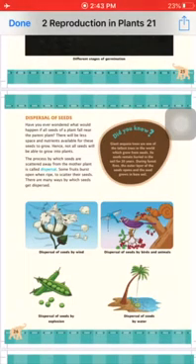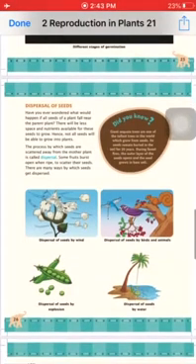But when all seeds fall in one place, then not all the baby plants grow properly because they cannot get the right amount of nutrition to grow. So dispersal of seeds is needed for the plant.